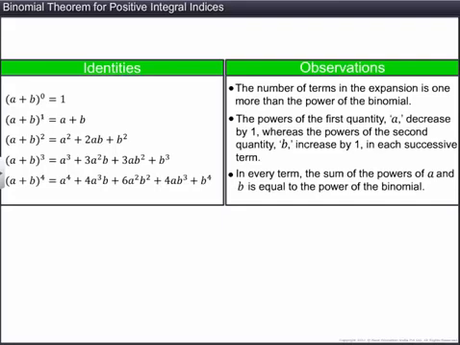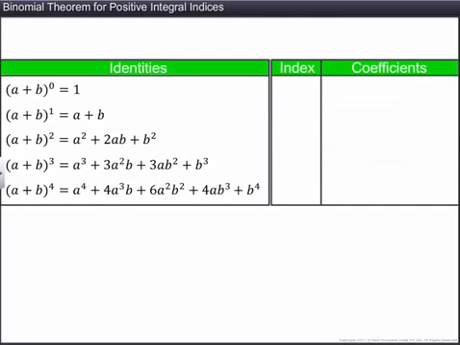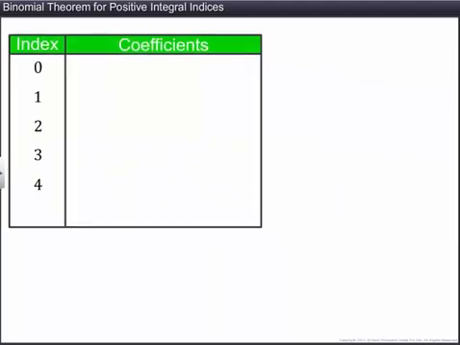Now, let us arrange the coefficients of these expansions. We know that the coefficient of the first and the last terms is always equal to 1.